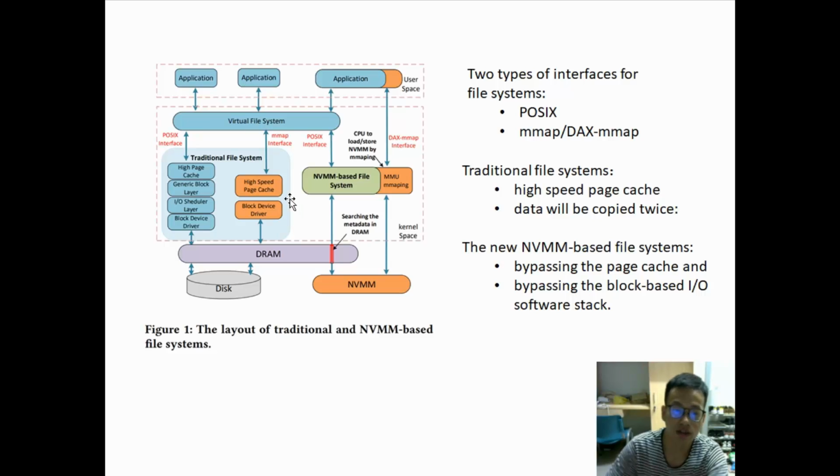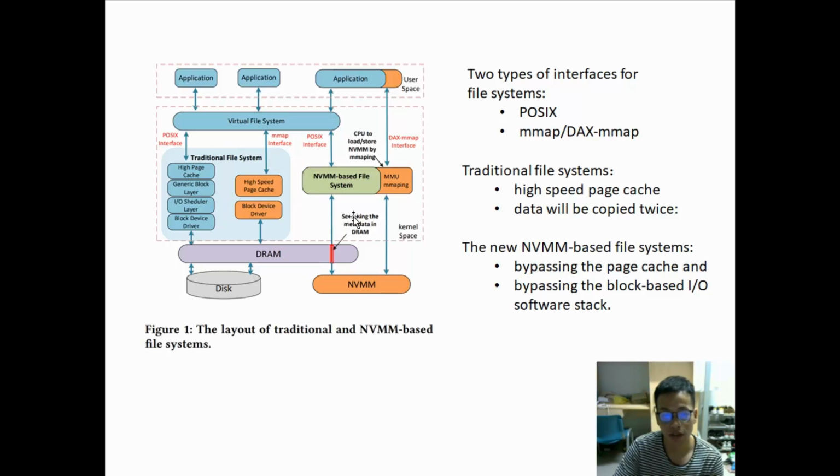This picture shows the layout of traditional and NVM file systems. There are two types of interface for file systems: POSIX and mmap. For the traditional system, the high-speed page cache is used, and for the new NVM-based file system, it will bypass the page cache and the block-based I/O software stack.